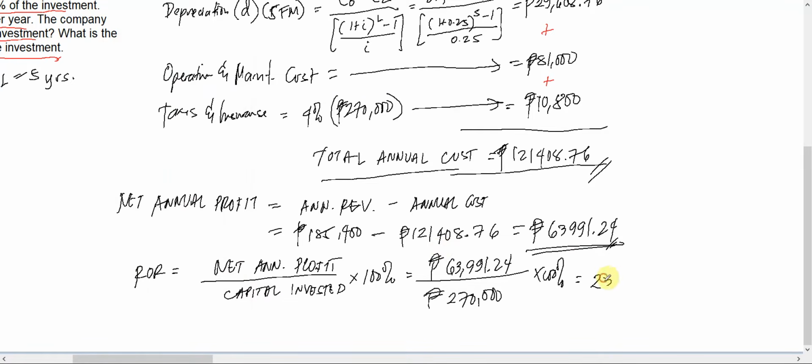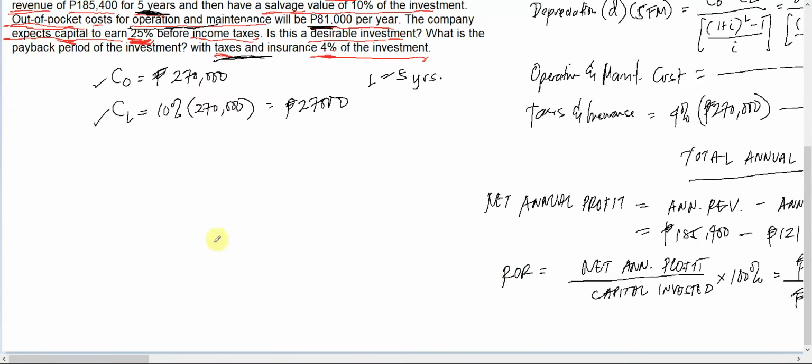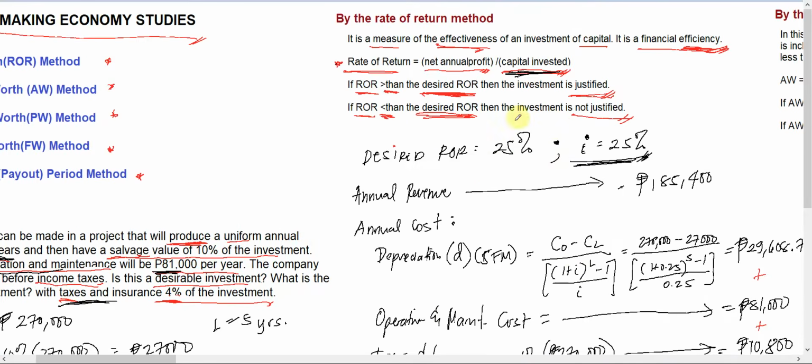That is 23.70%. So, by inspection, syempre, 23 is less than yung the desired rate of return na 25%, no?